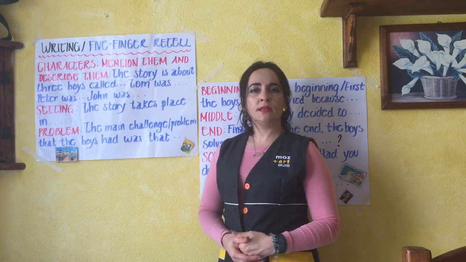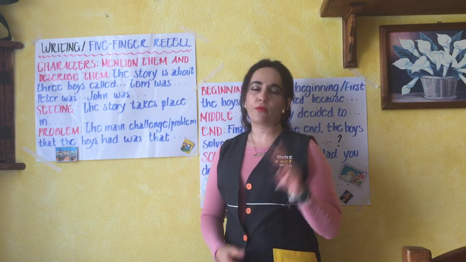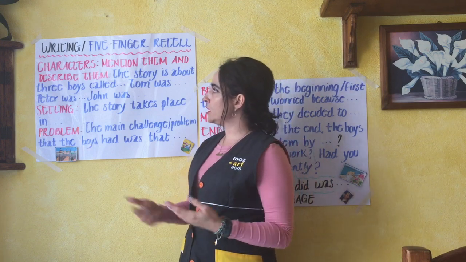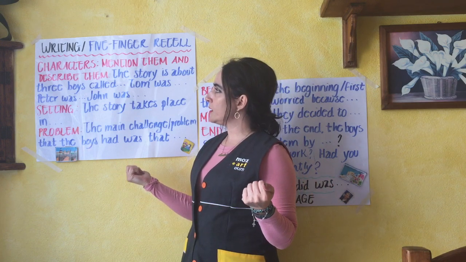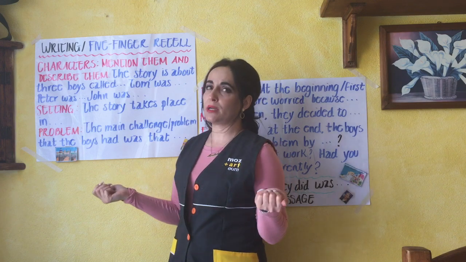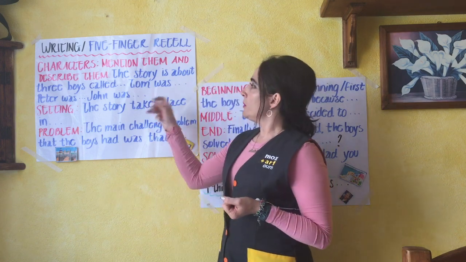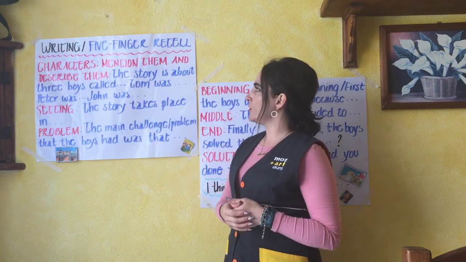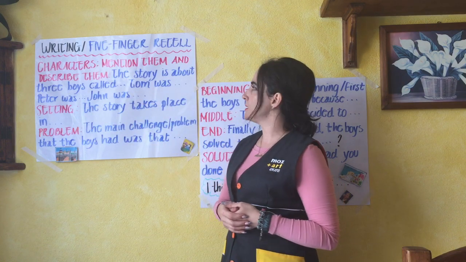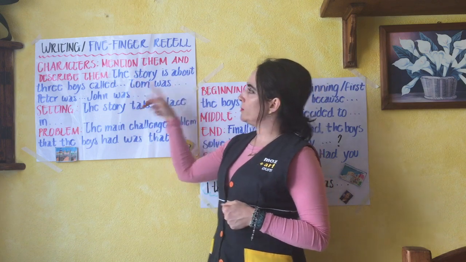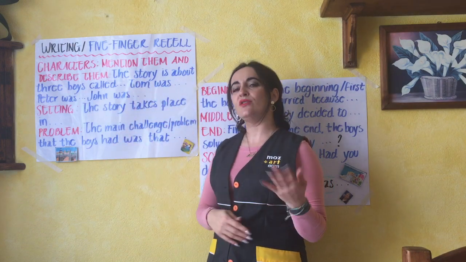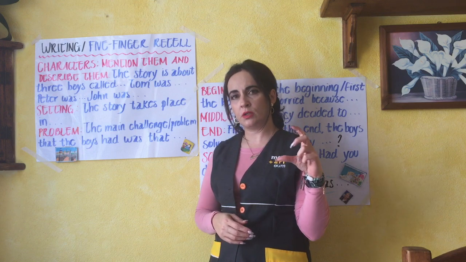For example, imagine that we are talking about three boys, and these three boys appear in the story and they are the main characters. Imagine that they are called Tom, Peter, and John. First you have to begin the story by saying, the story is about three boys called, and you mention their names, and then you give a brief description.